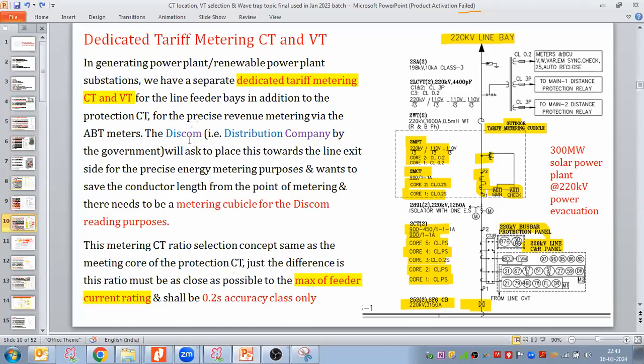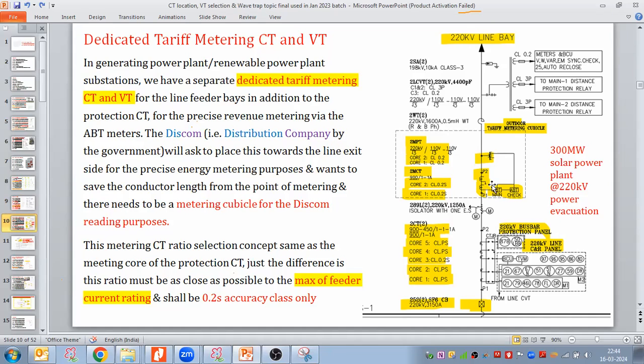The DISCOM will ask to place the dedicated metering CTVT towards the line exit side for the precise energy metering purpose, and to save the conductor length from the point of metering, and there needs to be a metering cubicle for the DISCOM reading purpose.